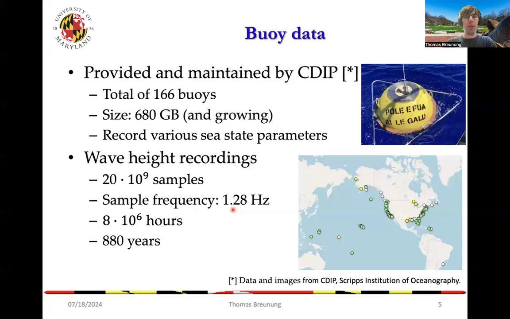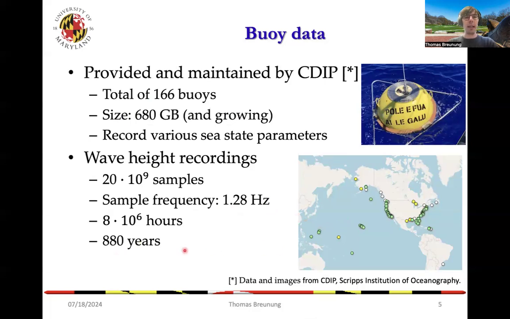The sampling frequency of 1 Hertz is beneficial to work with, because 1 Hertz allows us to resolve individual waves, such as the rogue wave events we are after. Overall, we have about 880 years of data if we stitch all measurements of all buoys together. So this is quite a lot of data.